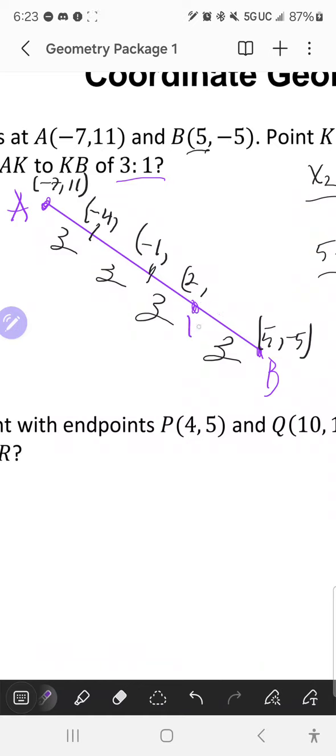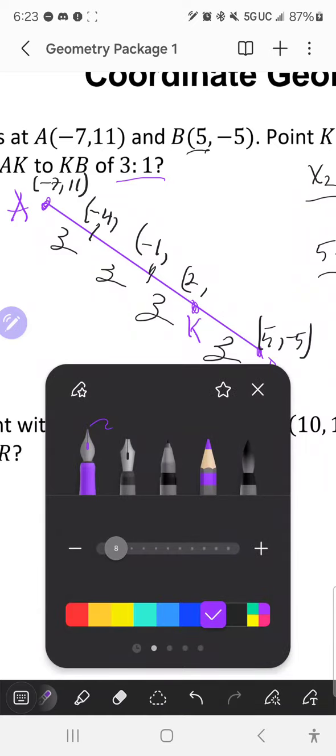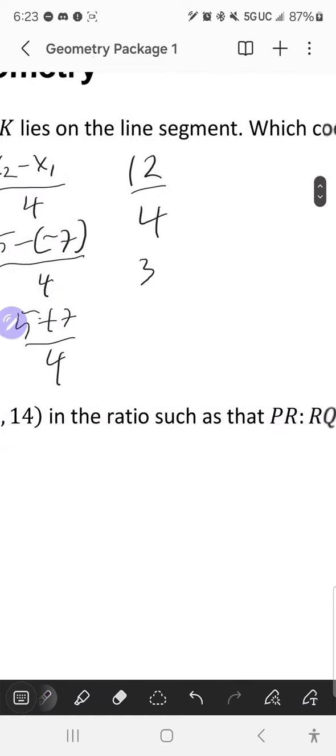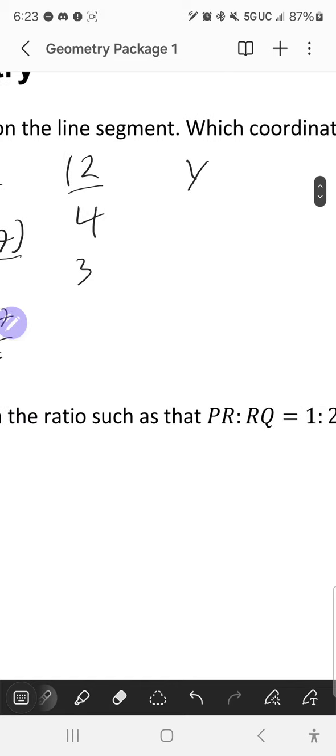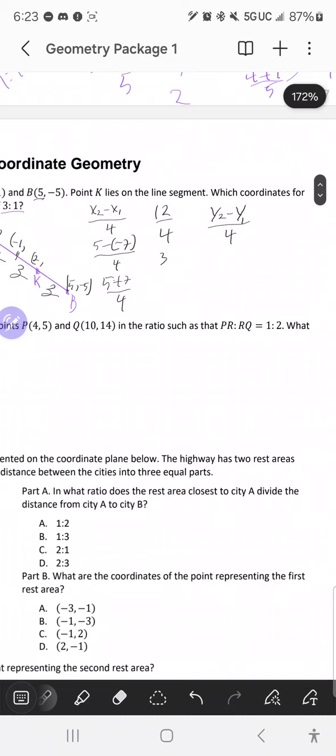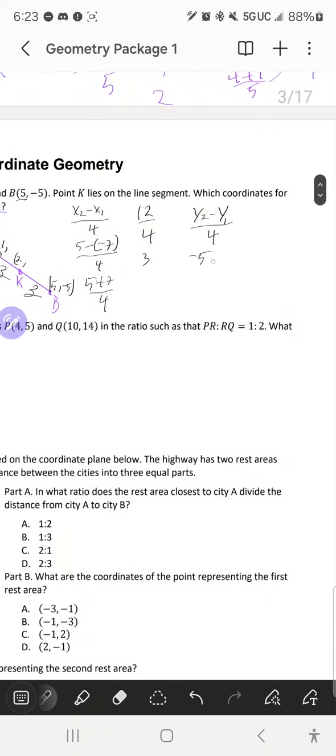Let me just put the K here. Now we want to calculate the y coordinate. So we do the same. We have y2 minus y1 over 4. Y2 is going to be negative 5. Y1 is 11, divided by 4.